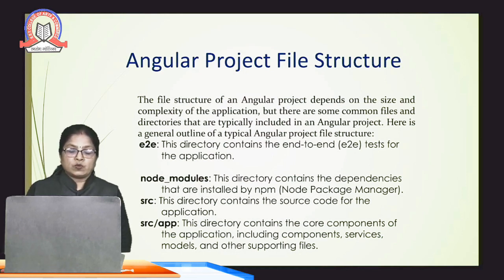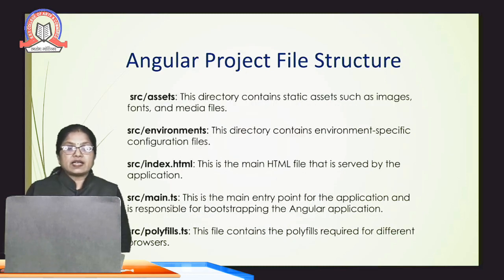src or source. This directory contains the source code for the application. src/app. This directory contains the core components of the application, including components, services, models, and other supporting files. src/assets.